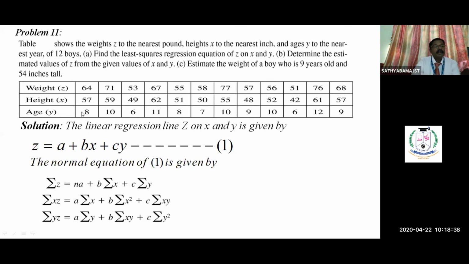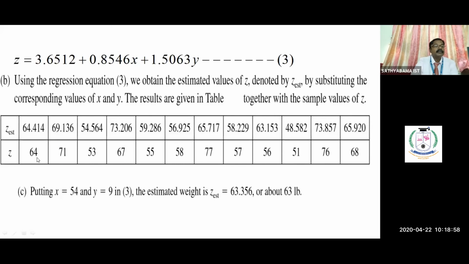We put the x value here: x is 57, y is 8, and we have calculated the values of a, b, and c. You can find the estimated value of z at 64. That is corresponding to the estimated value. This is the given value. This is the estimated value.